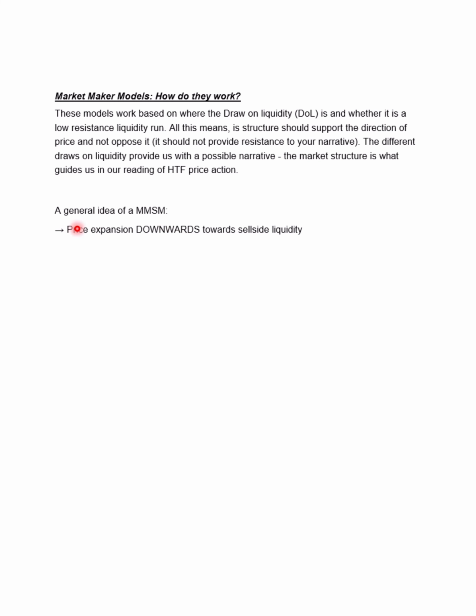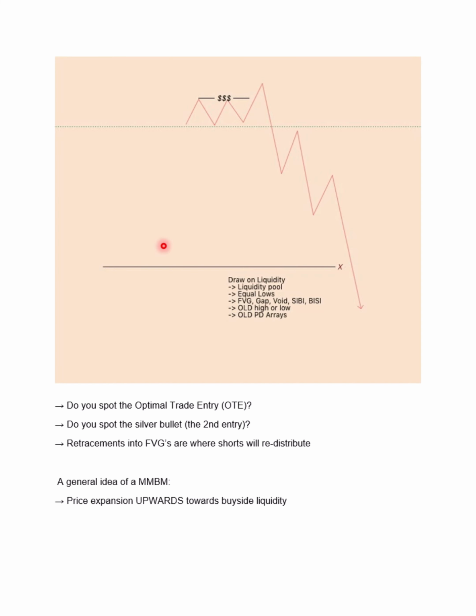Let's go now to a general idea of the sell model. The price expands downwards towards the sell side liquidity. This is what we mean basically. Liquidity pools, equal lows, fair value gaps, voids, old highs, old lows. Before taking a trade, do you spot the optimal trade entry, or what we call the OTE?